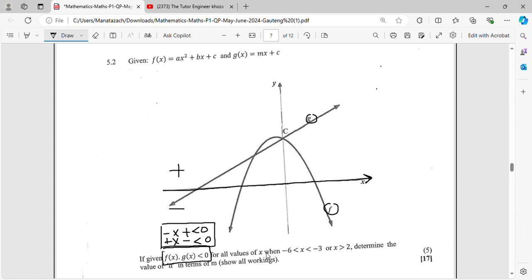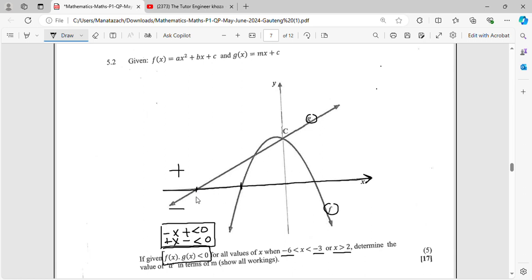It says when x is between -6 and -3. So this condition is true when x is between -6 and -3, or where x is greater than 2. Now let's have a look at this. If you multiply f of x and g of x between -6 and -3, let's have a look at here and there.